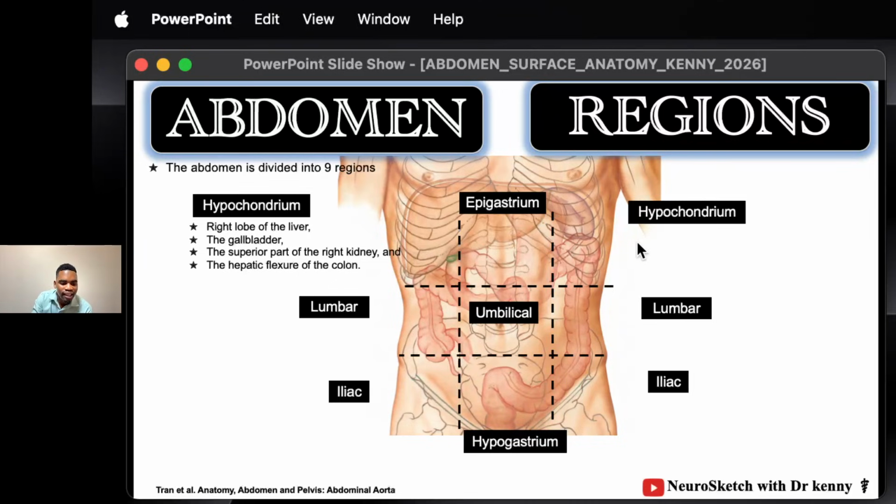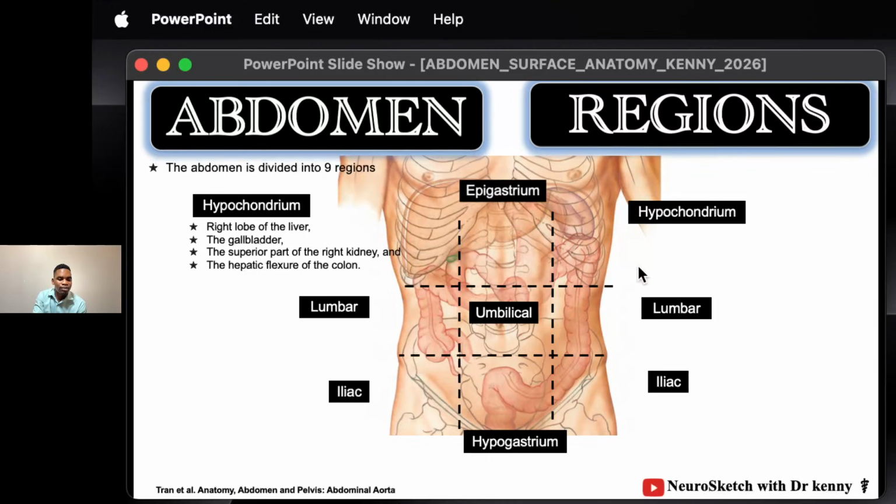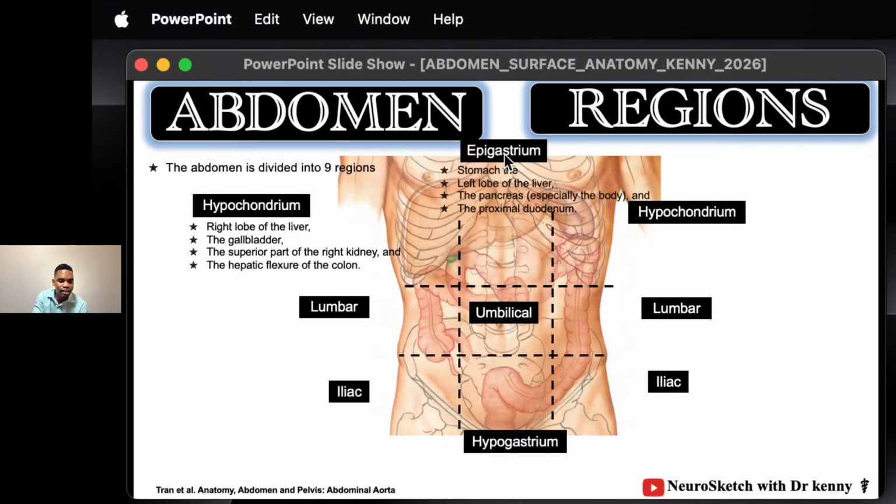Then what's found in the epigastric region? Epigastric, I told you, gastric means stomach. So the bigger part of the stomach is found in this epigastric region. We're going to discuss it later, but the pylorus is found within this region.